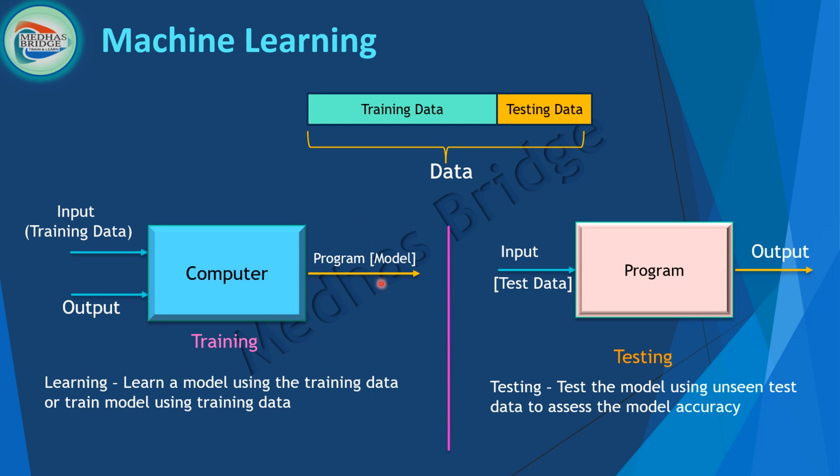Okay, once the model is ready, and assuming that this model can now be used to generalize output for a given input, then you have to test the model, right? That is where you use test data. This piece of data is not used to train the model, right? It is unseen data for the model. So now the model is freshly looking at this test data and predicting the output, right?